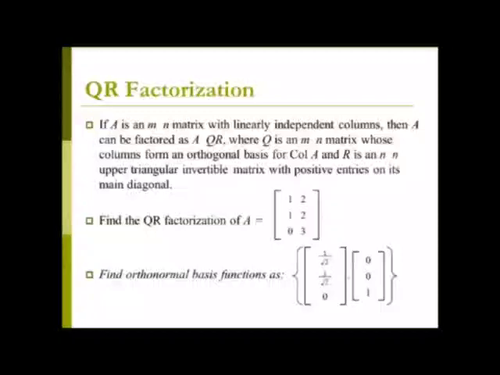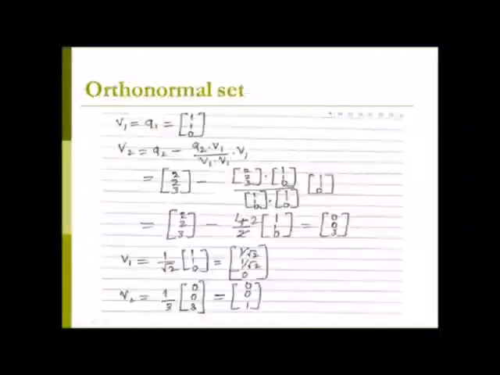Let us take an example of finding a QR factorization of a matrix A, that is A equal to [1 1 0; 2 2 3]. Now, according to the orthonormal basis function, we'll find the vectors v1, v2 using the Gram-Schmidt orthogonalization procedure.